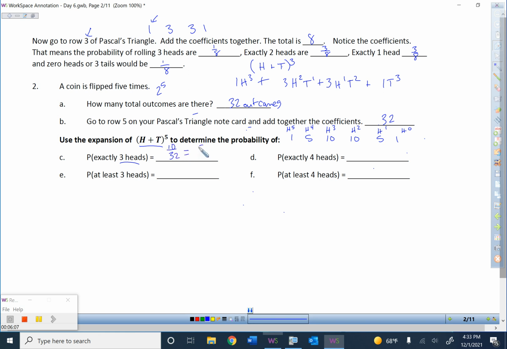All we have to do is reduce that thing. Okay, exactly 4 heads went with the number 5, and that one can't reduce. At least 3 heads would mean 3 or more, so it'd be all of these ones, 3, 4, or 5. We'll go ahead and write that down.